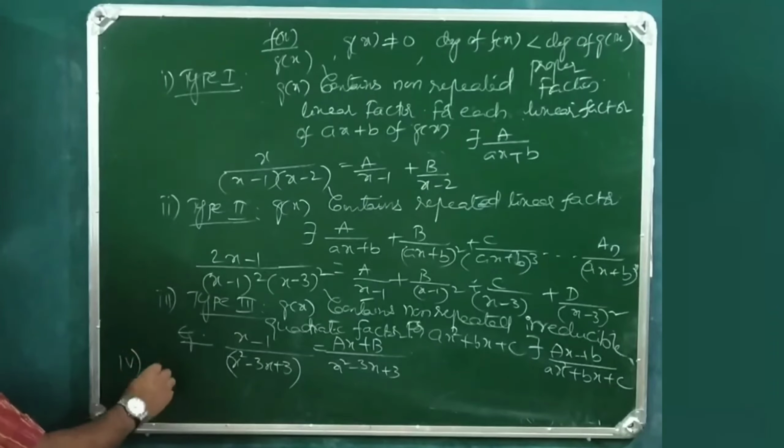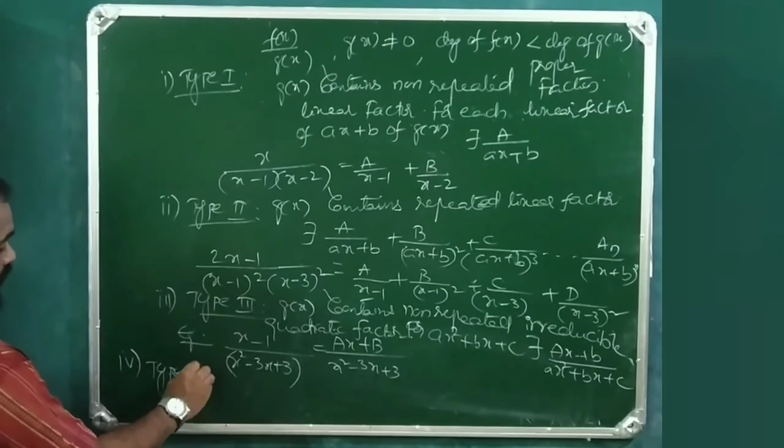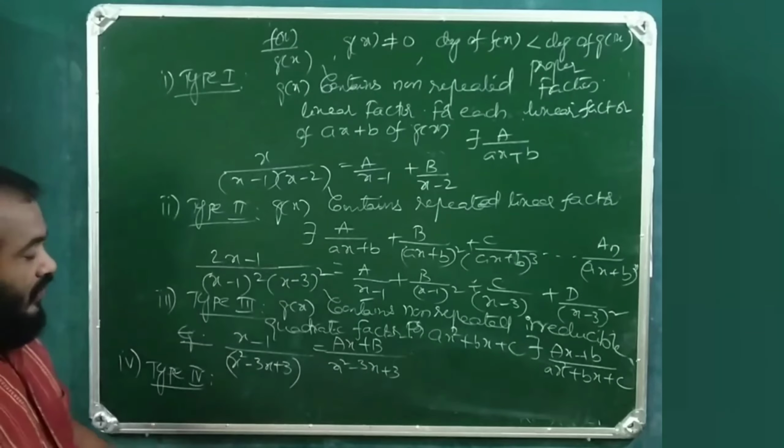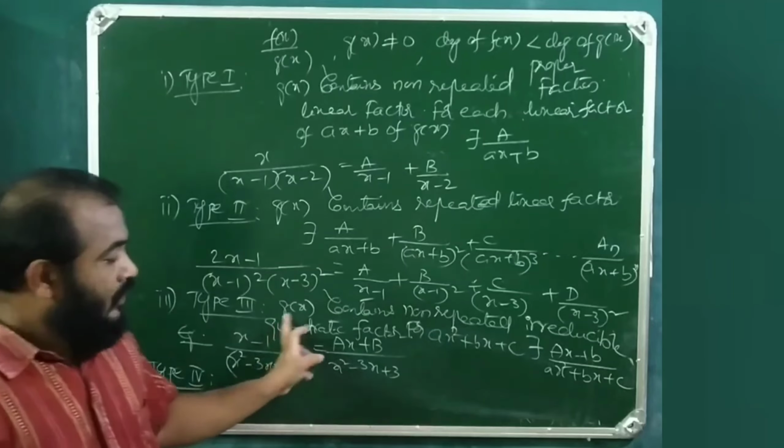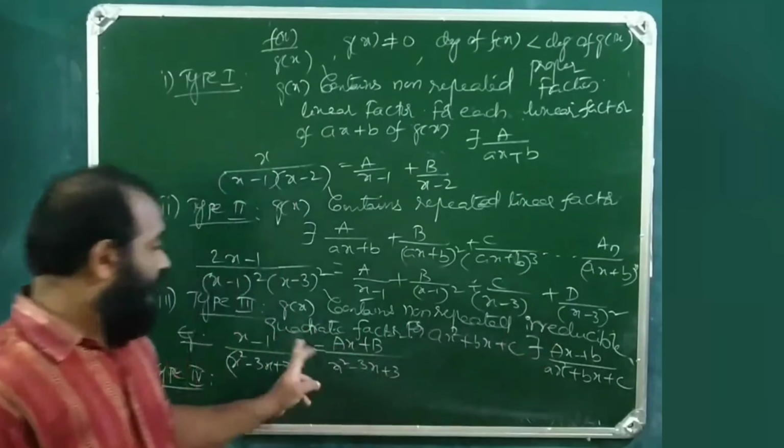And type 4 says, g of x contains a repeated irreducible quadratic factor.